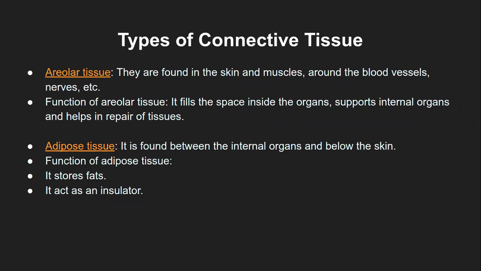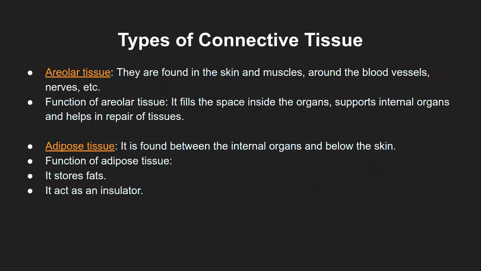No, wherever there is an additional space within an organ or around the organ, this type of tissue will take over that place, and it helps in repair as well as supporting the internal organ. So that is the areolar tissue.